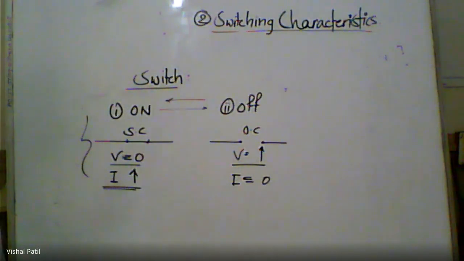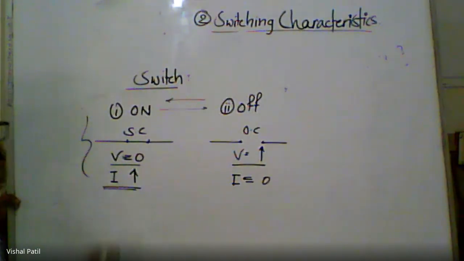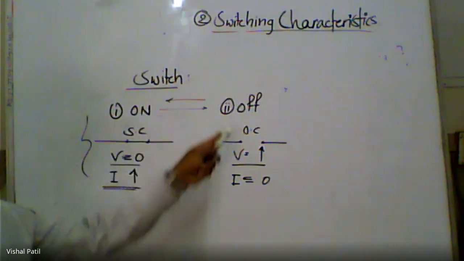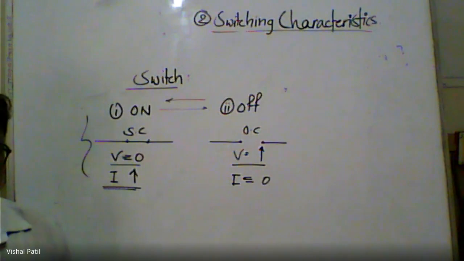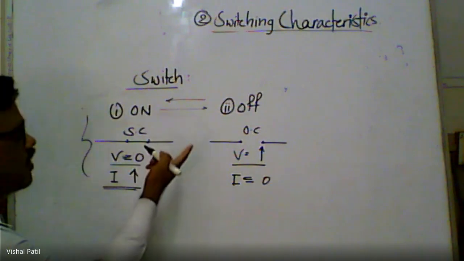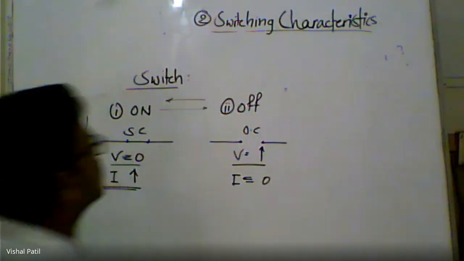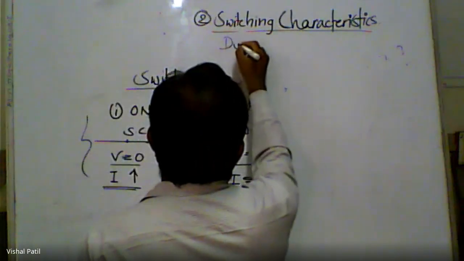The number one reason is that these characteristics are associated with time, how parameters like voltage and current respond to on and off actions with respect to time. And number two reason is that there is a transition from on to off or vice versa. Hence, these characteristics are also called dynamic characteristics.